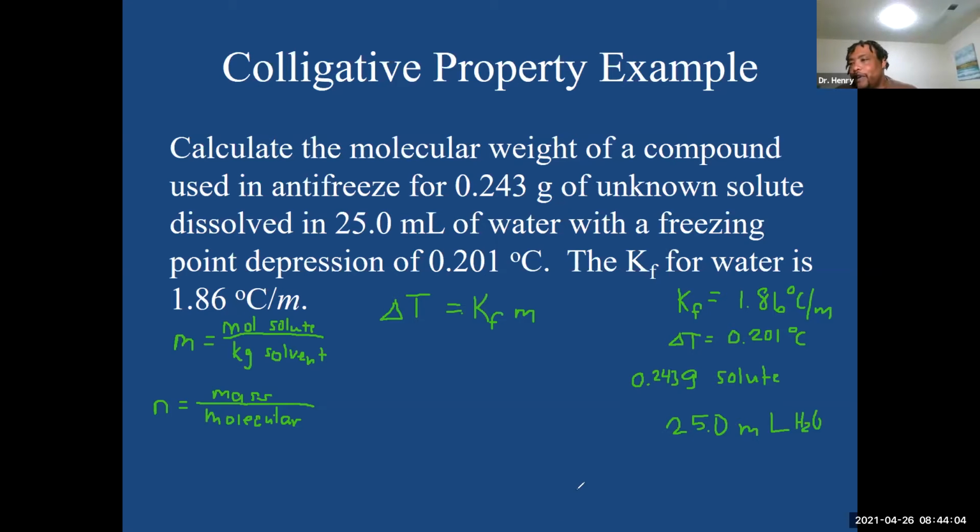The density of water is 1 gram per milliliter. And obviously it starts off as water, so it's just 25.